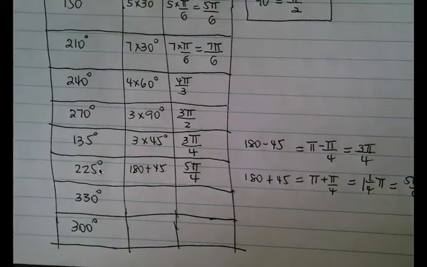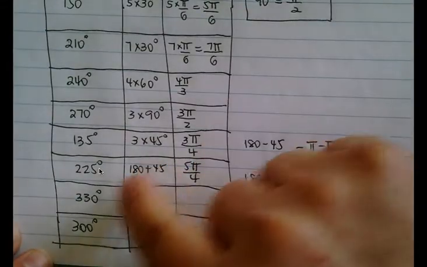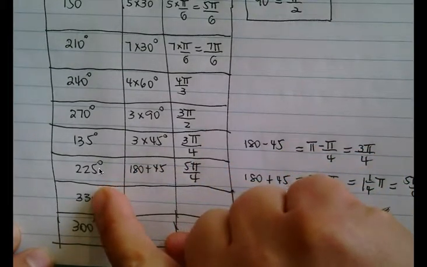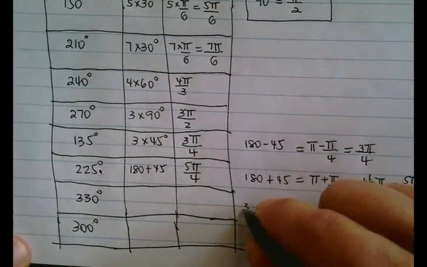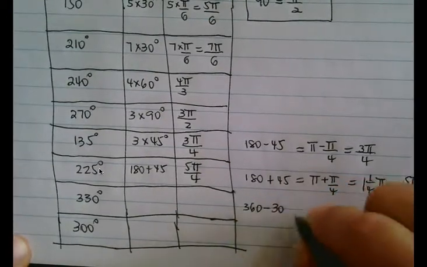All right, 330. We can do this 2 ways. Look, which times table is 33? 11 times 3? Very good. And we're going to do that as well. So 330, you can do 360 minus 30.